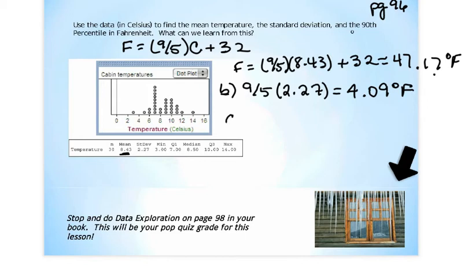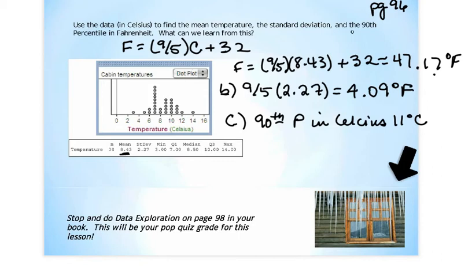And last, we want to know the 90th percentile of the temperature in Fahrenheit. Well, the 90th percentile in Celsius happens to be 11 degrees Celsius. So what is it in Fahrenheit?